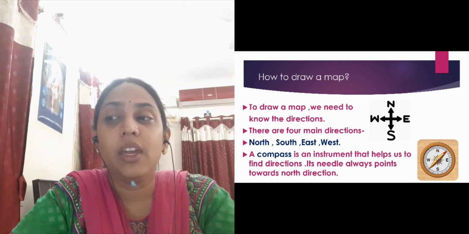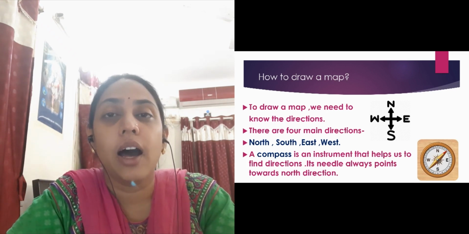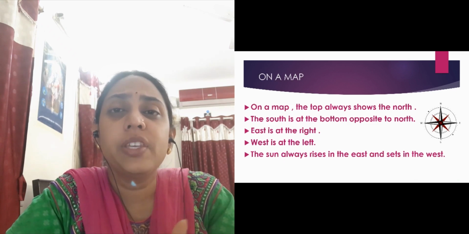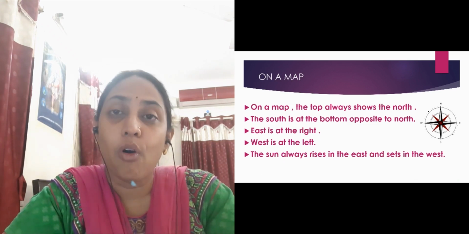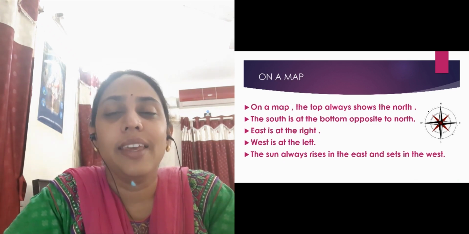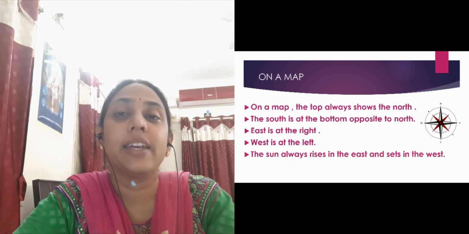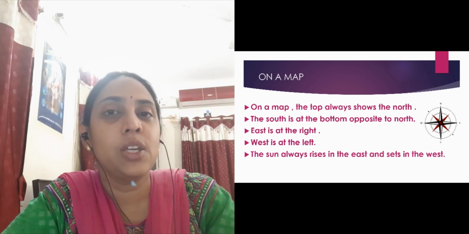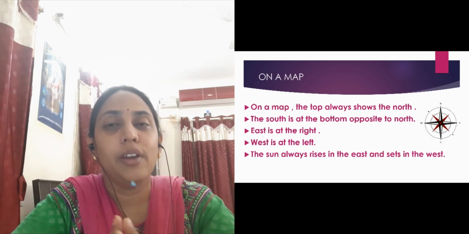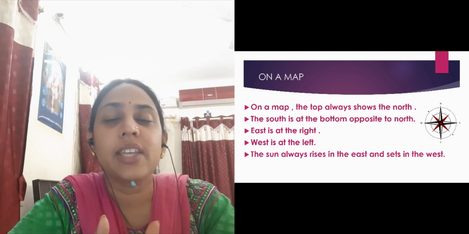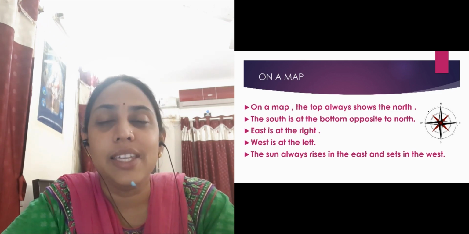Another easy way to find out the directions is by observing the sunrise. We all know the sun rises in the east. So early morning, whichever side the sun is, that is the east.